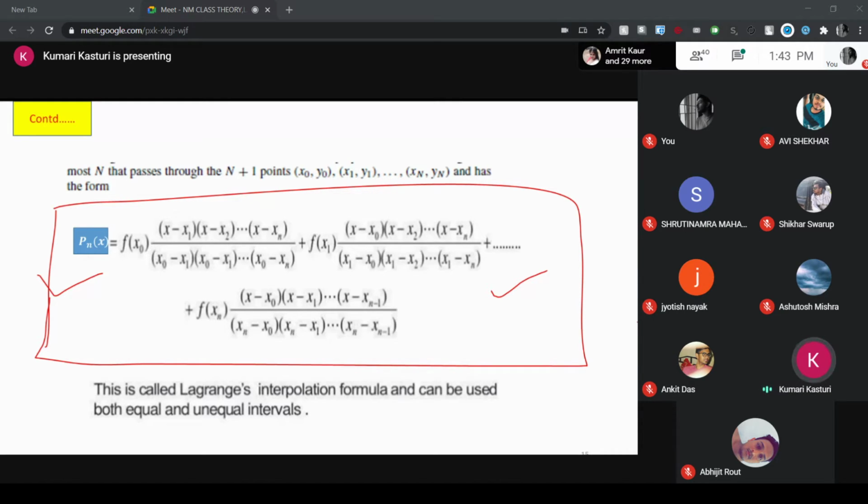This formula is very important. Complete.